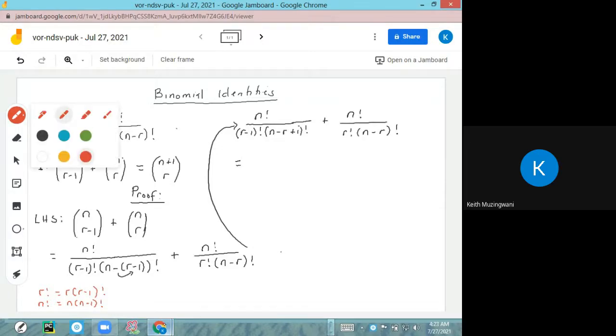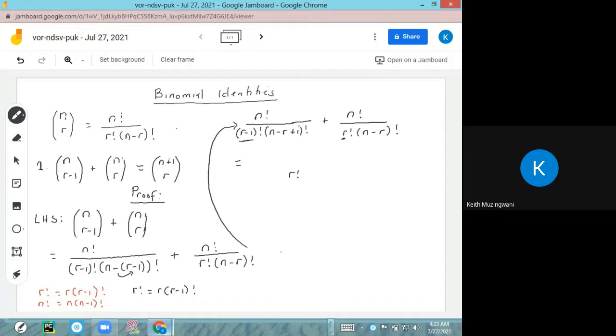So when we get here, we have r factorial this side and r minus 1 factorial this side, meaning that r factorial is bigger. So between this and that, our common denominator will be r factorial.